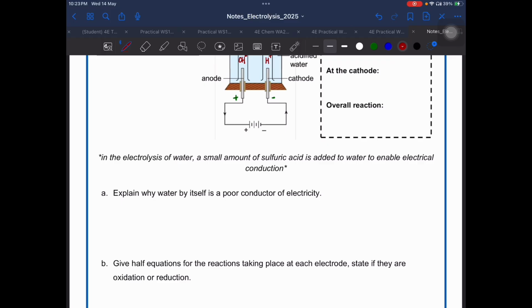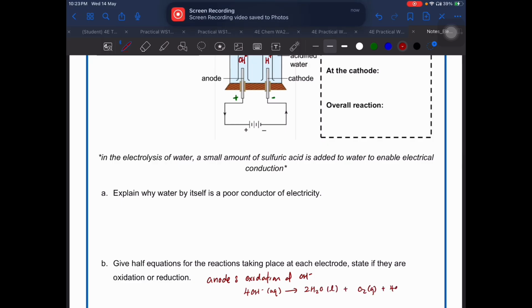So at each electrode, let's talk about the anode first. The anode is where you have your OH minus ions, so what happens over here is oxidation of OH minus ions. The equation will be, if you recall from the previous question that we did, 4OH minus forms 2H2O liquid, O2 gas, and 4 electrons.